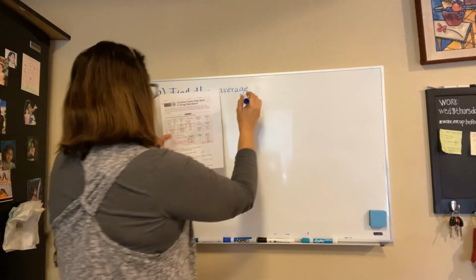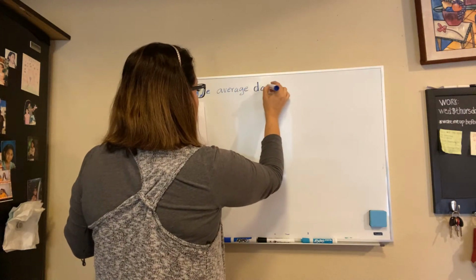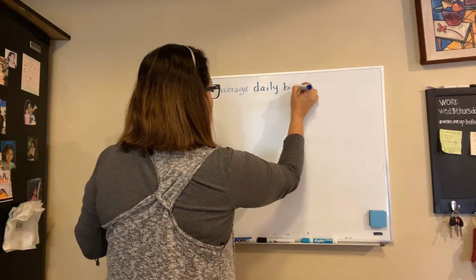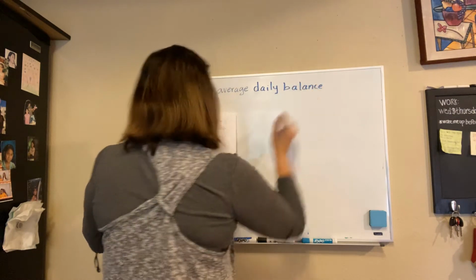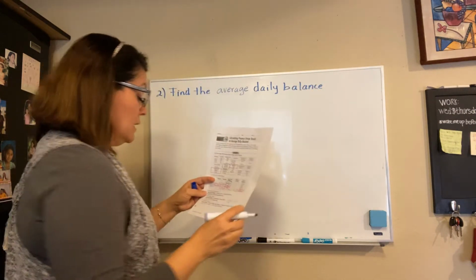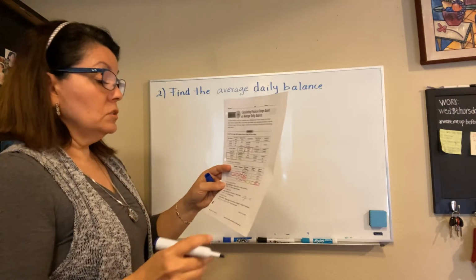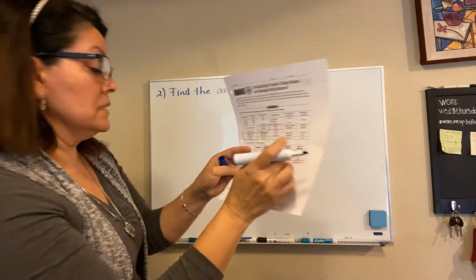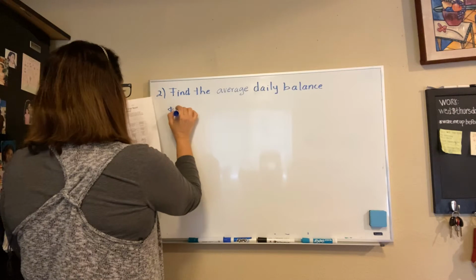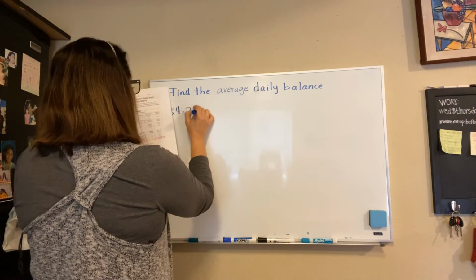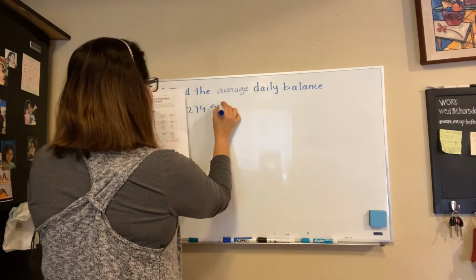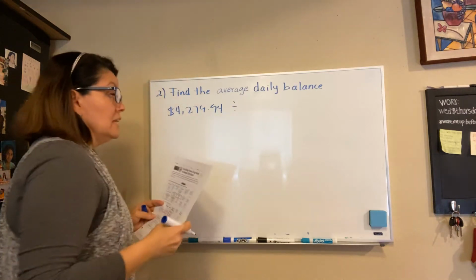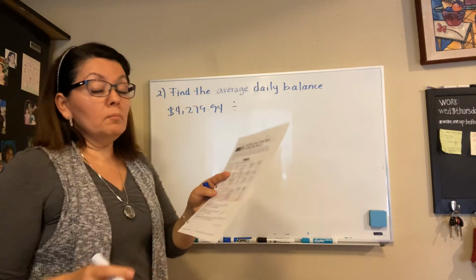So step number 2, find the average daily balance. How am I going to do that? Like I said, it is the sum of the daily balances. It is at the end. So I have 4,279.94. I'm going to divide this by what? By the number of days.